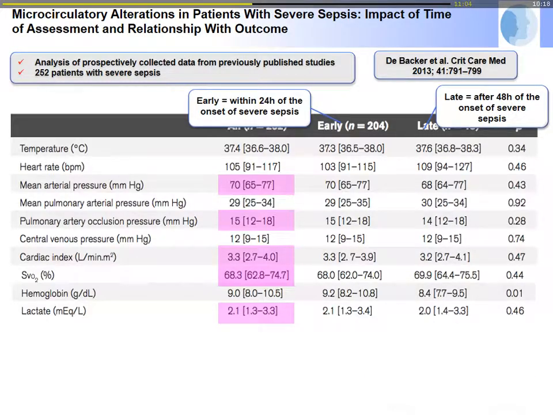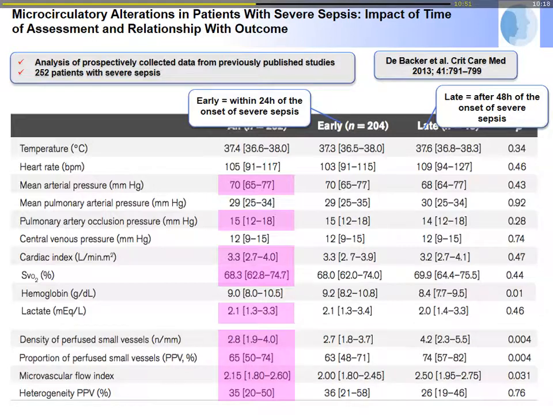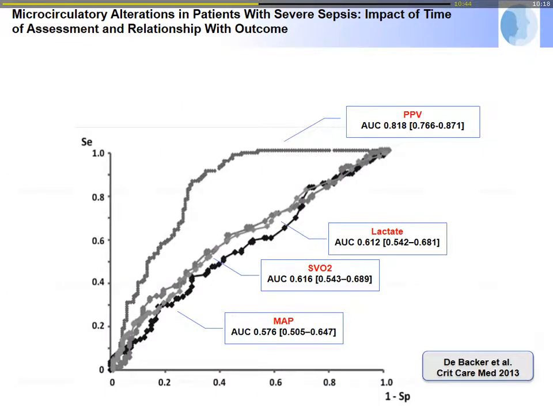So is it possible to use a device like the sublingual microcirculation in our daily practice? Just this study from Daniel De Backer, in septic shock, looked at the sublingual microcirculation. It's just to show you that despite the fact they normalized the macrocirculation, the only parameter which was able to predict mortality in this study was a microcirculatory parameter, the percentage of perfused vessels.